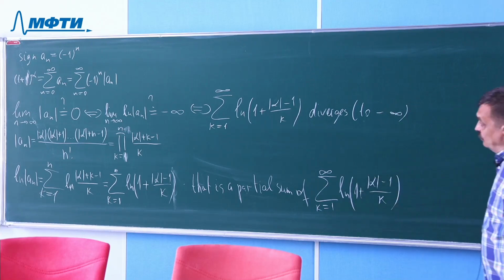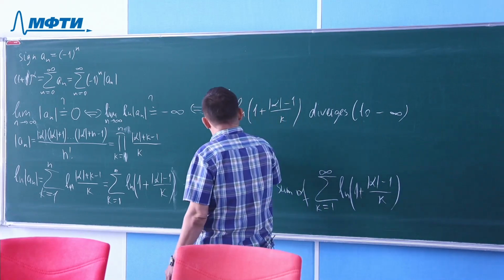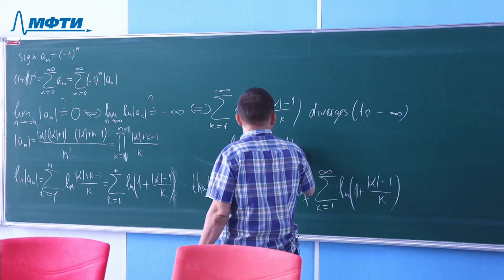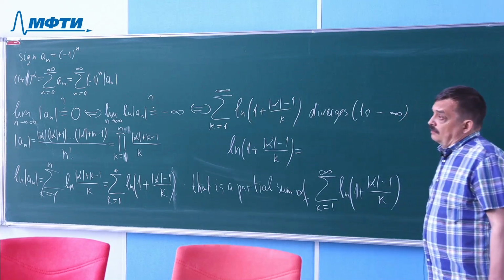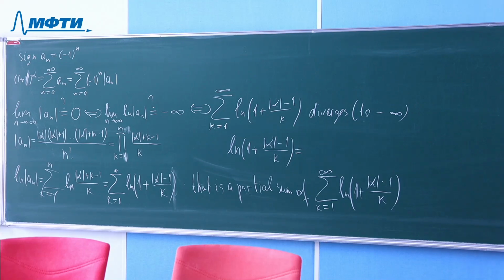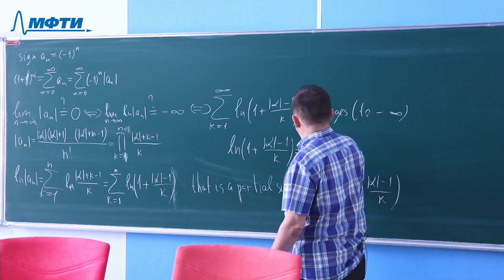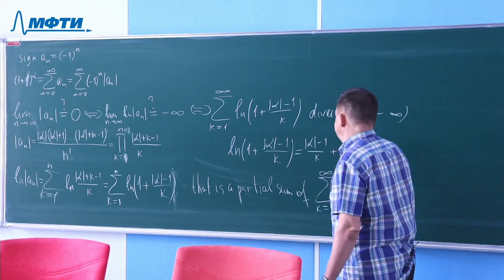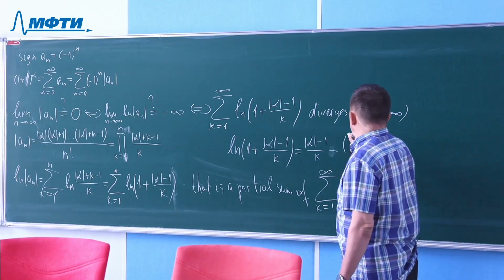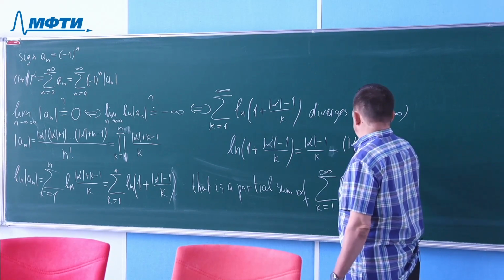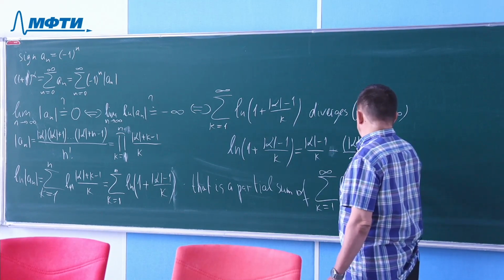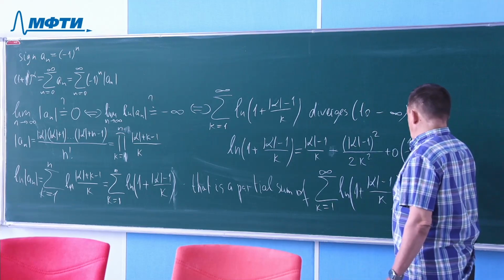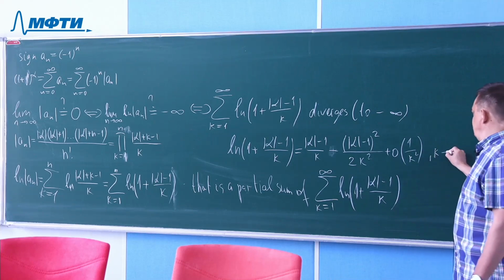But to study the series, we can use the Taylor formula for the logarithmic function. So it says that it is modulo alpha minus 1 over k, minus modulo alpha minus 1 squared over 2k squared, plus little o of 1 over k squared as k tends to infinity.